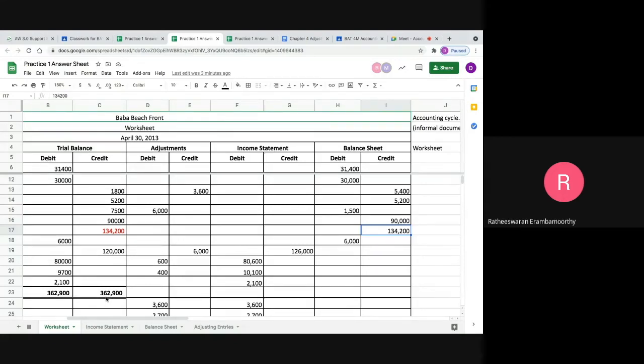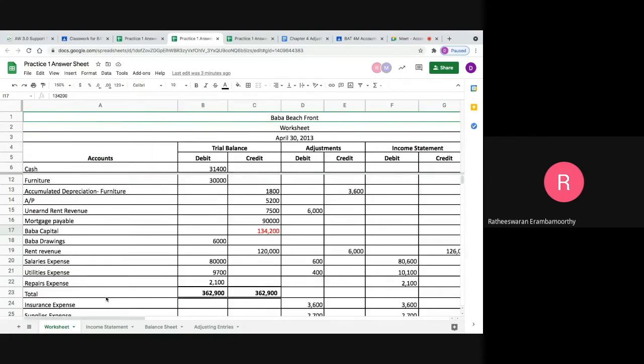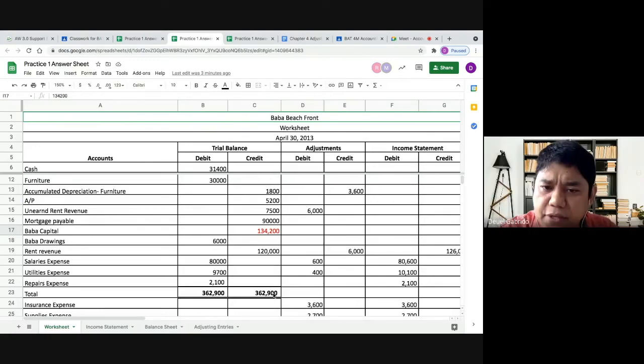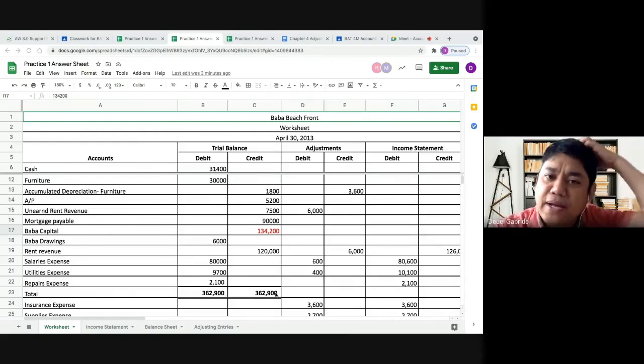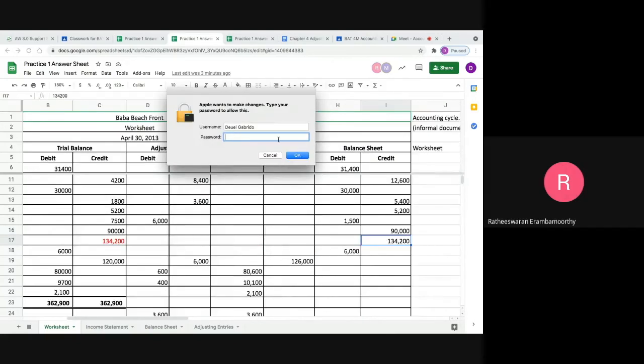So from 362,900 minus 228,700, the difference is 133,300. Did you put 900? The total credit must be 362,900, right? Yes. So the difference between debit side and credit side is 133,300.